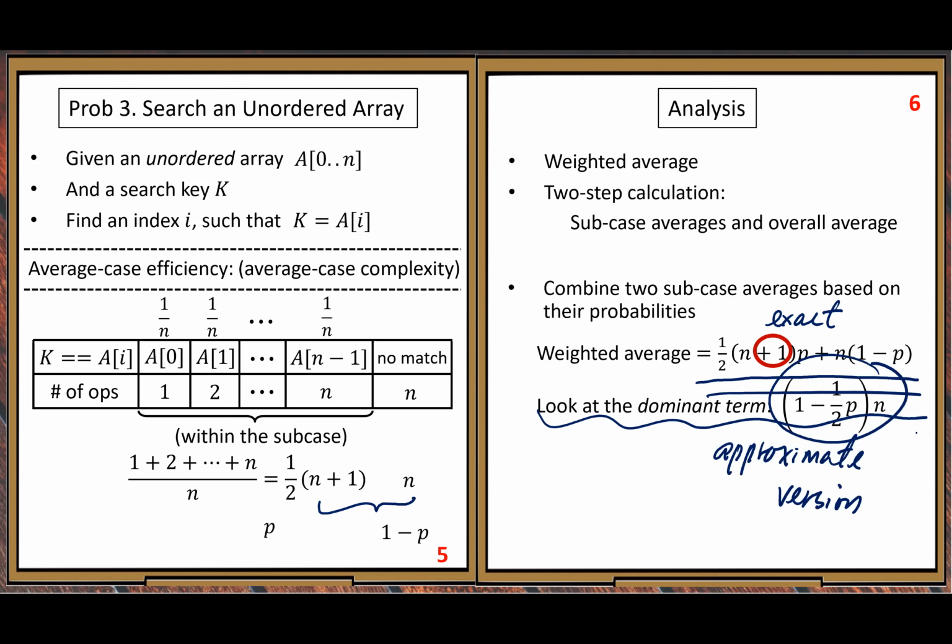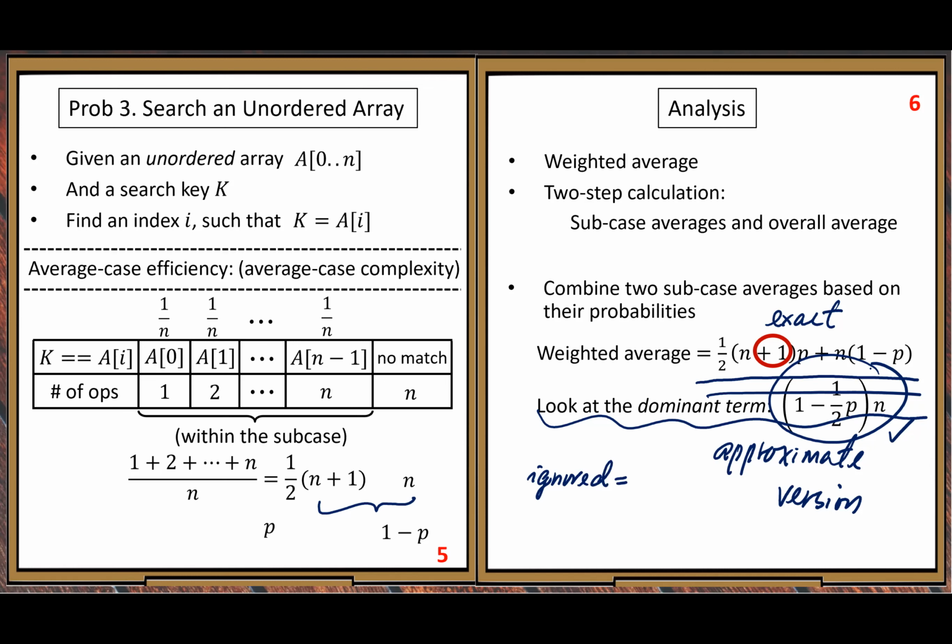This dominant term is a good approximate version. So we ignore some minor terms. So you can see, to use this approximate version, how much we ignored. The ignored part.